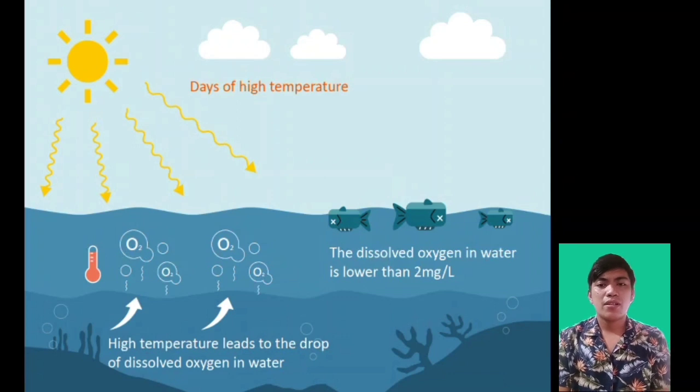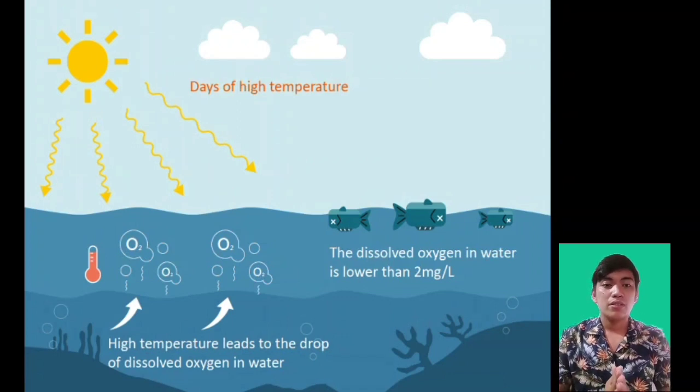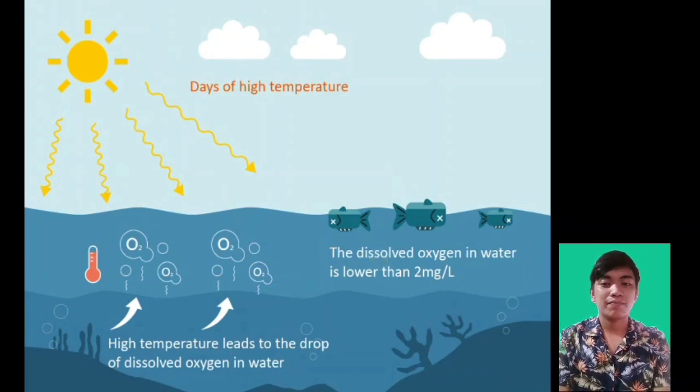The temperature of water affects the amount of dissolved oxygen water can hold. As water temperature increases, the amount of DO in water decreases. DO is the amount of oxygen dissolved in water, which can also fluctuate both daily and seasonally.